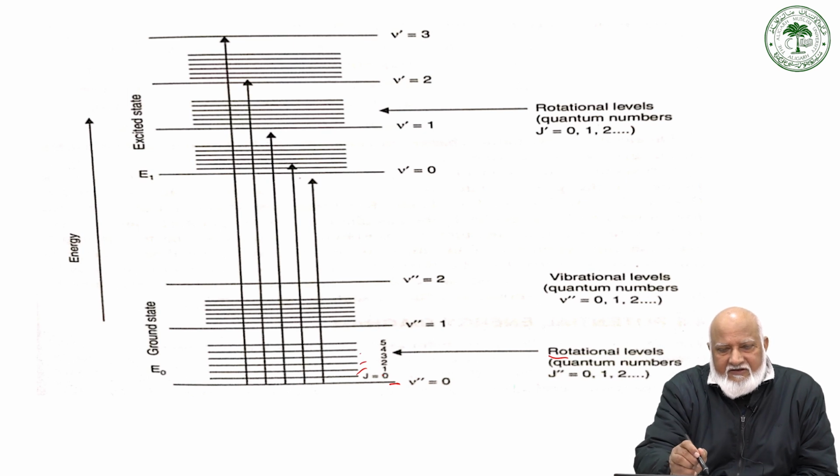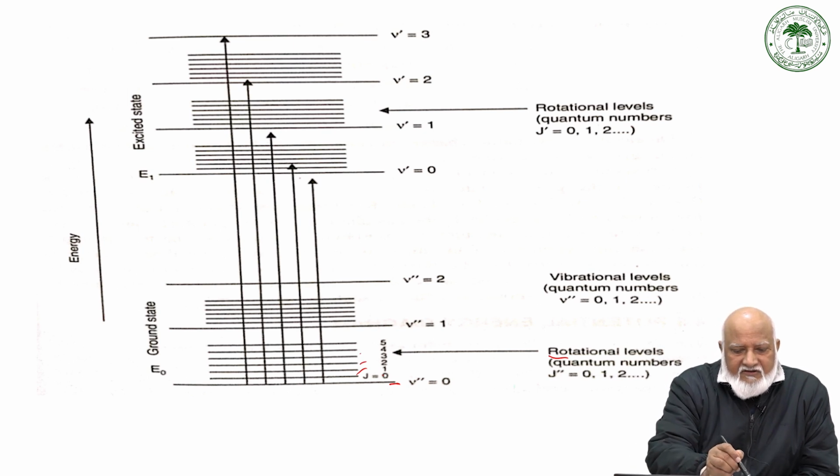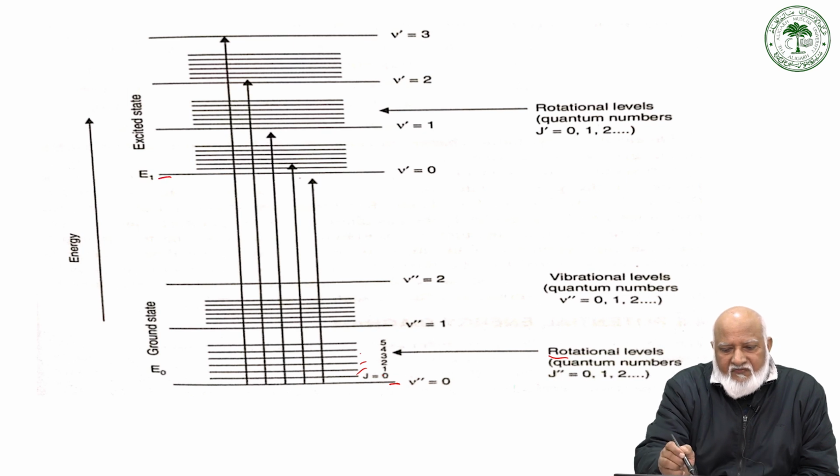In the same way, each excited state, E1, can have different vibration levels V0, V1, V2, and so on, and each can have different rotational levels like J0, J1, and so on.